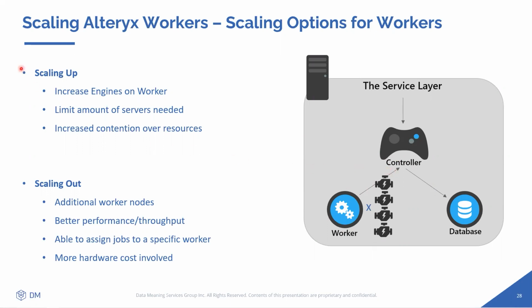Of course, if we scale up, we limit the number of servers needed, so it's less hardware cost. But the idea here is that you are using the same environment to run all the workflows, but also to run all the requests for our database, everything related to the gallery.